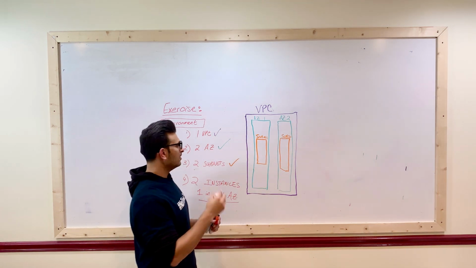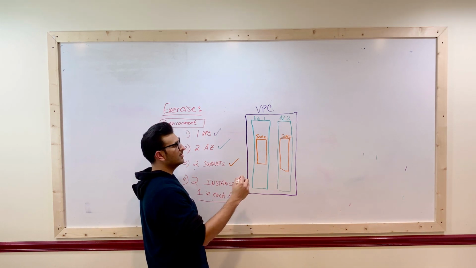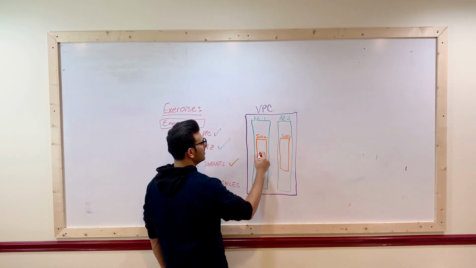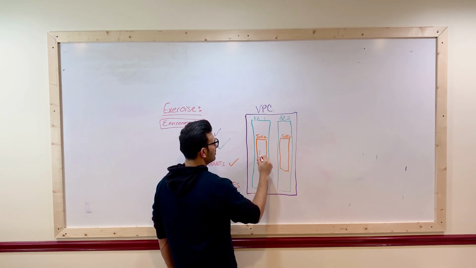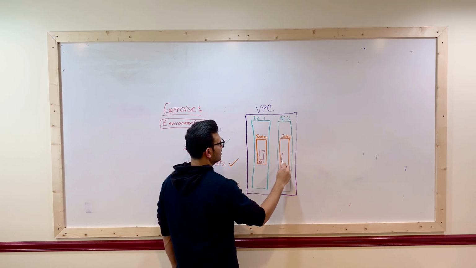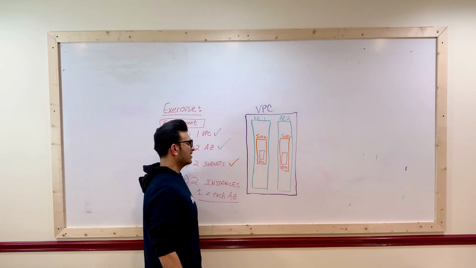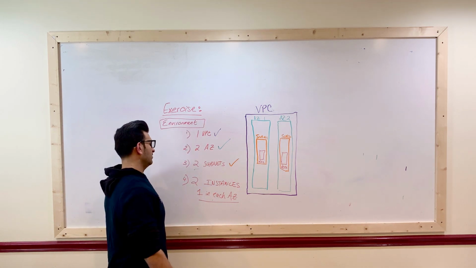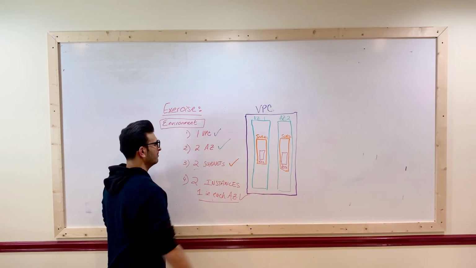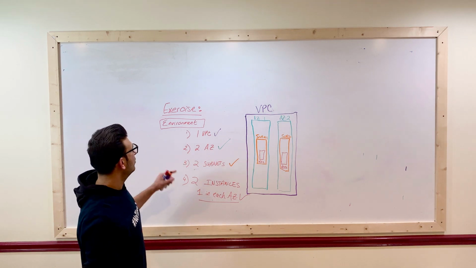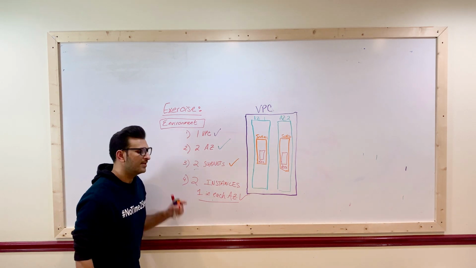So let's do that. If I said two instances, one in each, then here you go. This is your EC2 instance in one. And this is your EC2 instance in the second. So, boom. That is how this exercise is done.